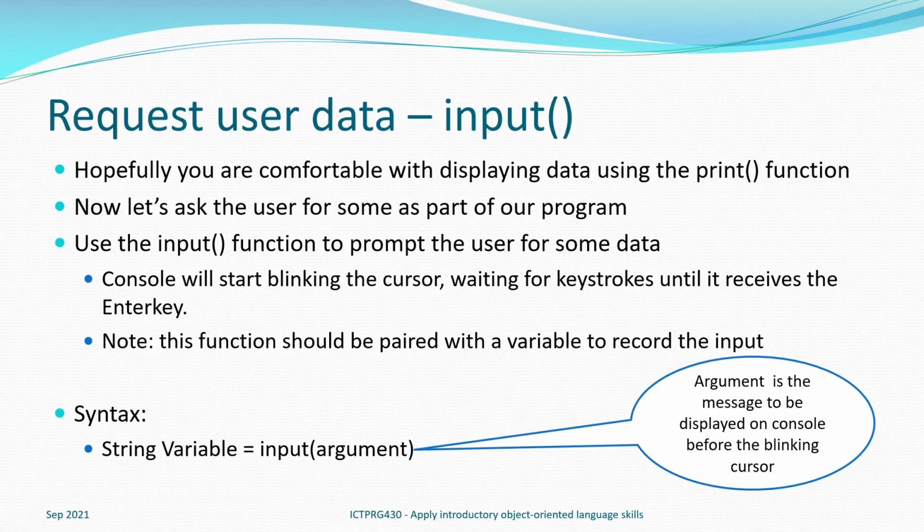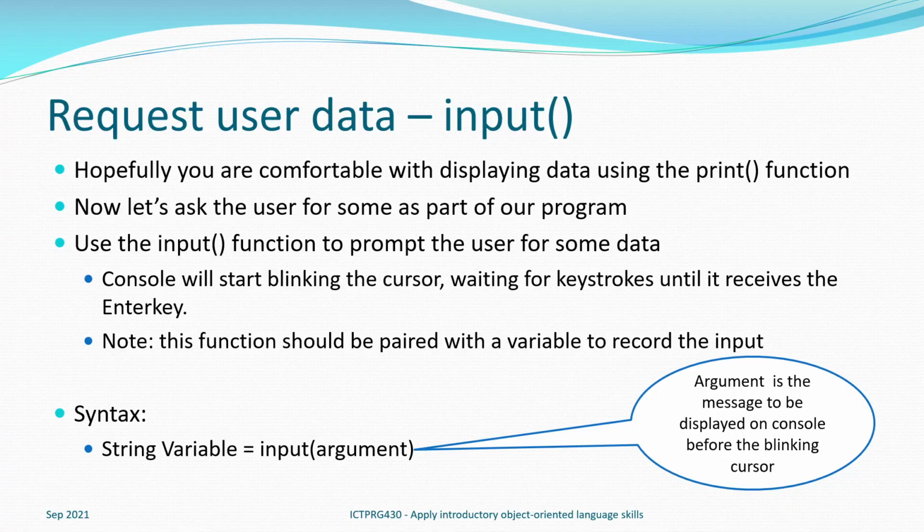Now, there's no point in having an input if it isn't paired with a container to put the input into. So we should always pair it with a variable. Now, the input argument, if you have a value in there, is the message that's going to be displayed on the screen as you're waiting.